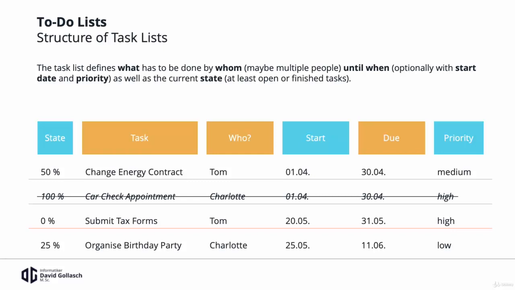But of course you can also take down additional state information, such as when a task is being processed, or a task is pending and you're waiting for something, and you can also monitor the completion state in percentage, for example. All those things can be added to a to-do list to make it more sophisticated, to add additional details that describe the tasks in more detail, of course.